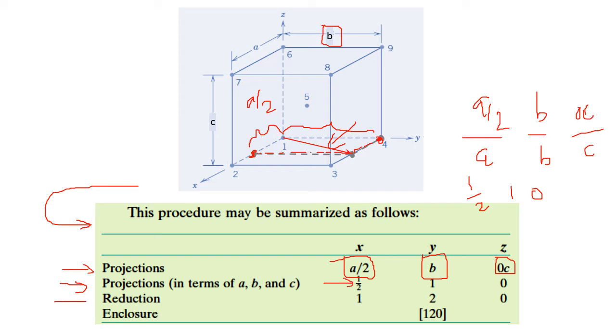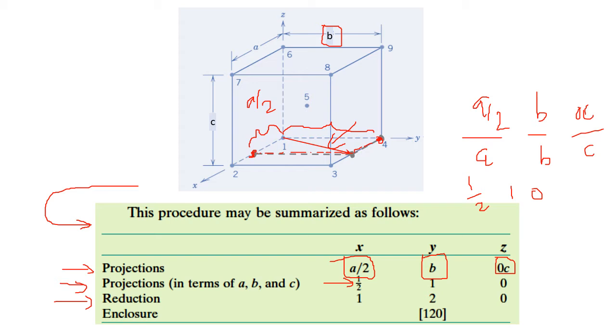And then in the third step, if there are any fractions present, then we multiply all the indices by the common factor. So here we got the first index as a fraction, and hence we multiplied all the indices by the common factor 2.